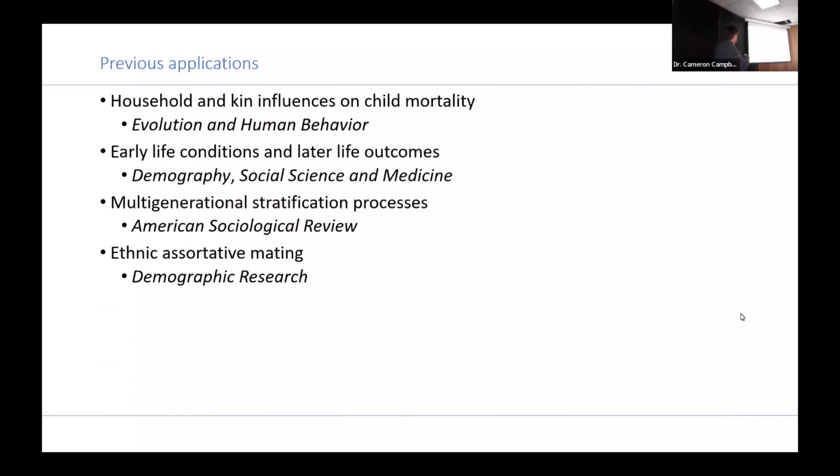So, I'm putting this up to try to convince you that there are still a lot of great things that can be done with these data that you could place in major journals. We or students have papers in Evolution and Human Behavior, Demography, Social Science and Medicine, ASR, Demographic Research.